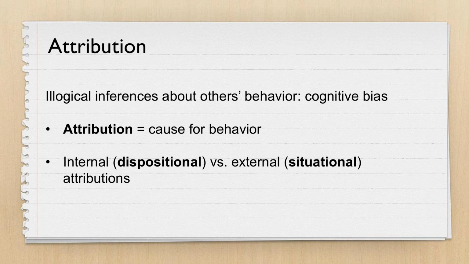It's because of their personality. It's because of their attitudes. Is it because of their beliefs, their intelligence? Something personal about them. If we make external, situational attributions, it will be, it's because of the environment they are in, and that influences their behaviors. It's not something about themselves, but because of their environments.